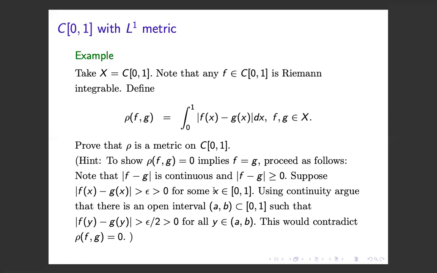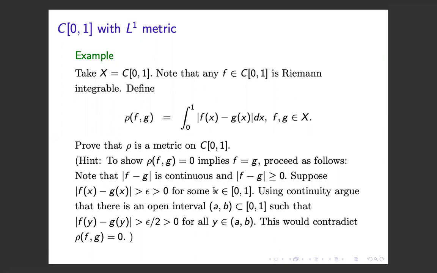You also know that any function in C[0,1] is Riemann integrable. Now define this distance rho(f, g) as the integral from 0 to 1 of |f(x) - g(x)|.